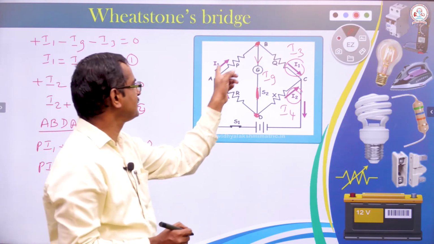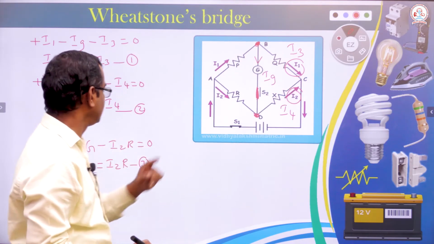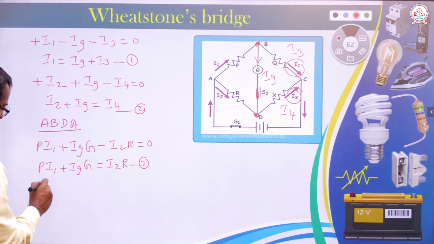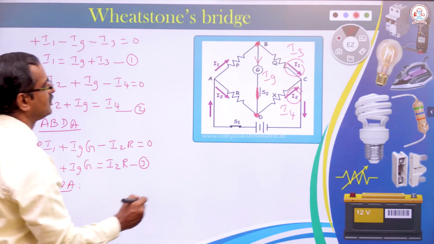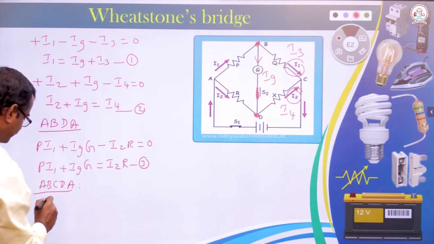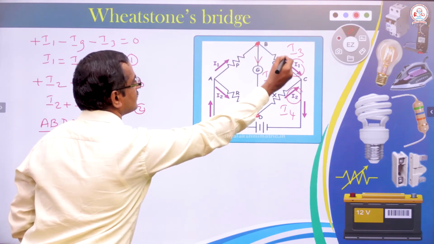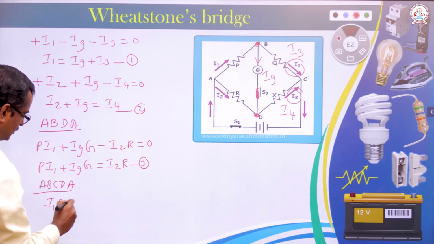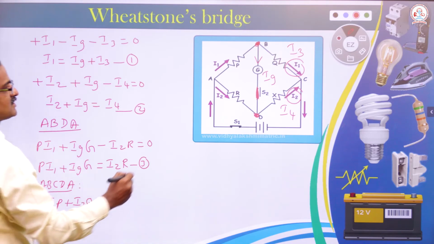Then apply Kirchhoff's second rule to the loop A, B, C, D, A. For that we get I1 into P, and then I3 into Q. It is plus because the current is in clockwise direction.